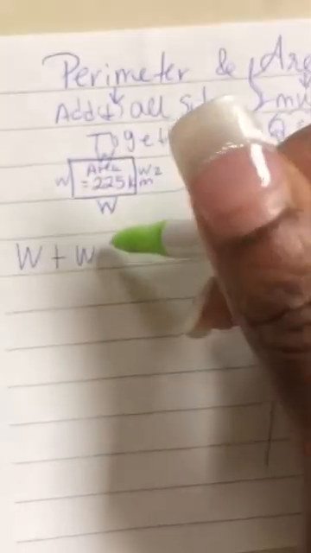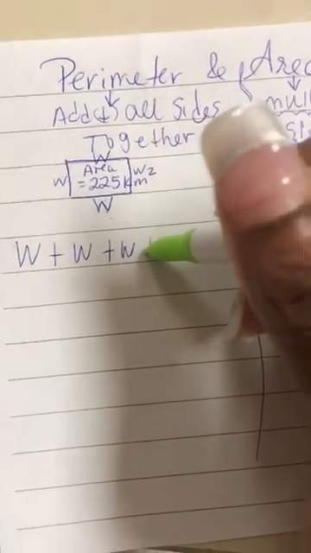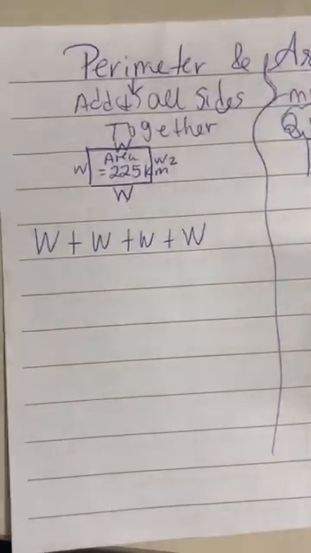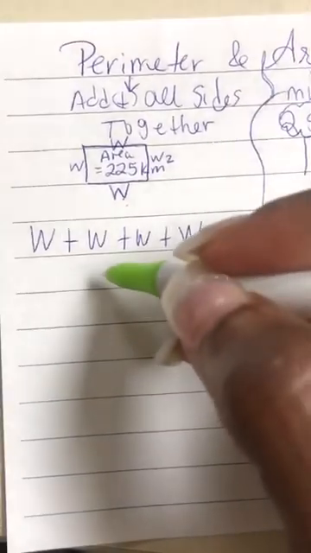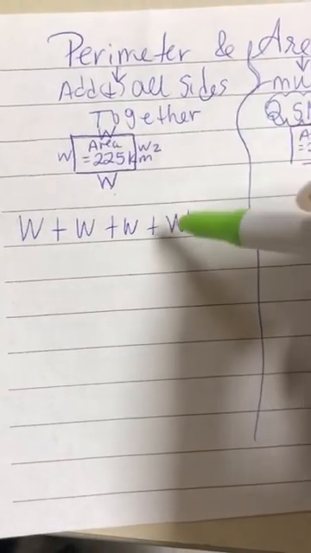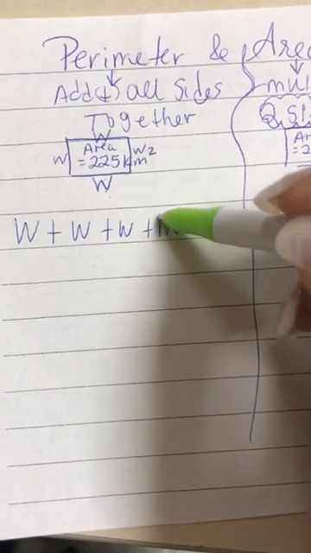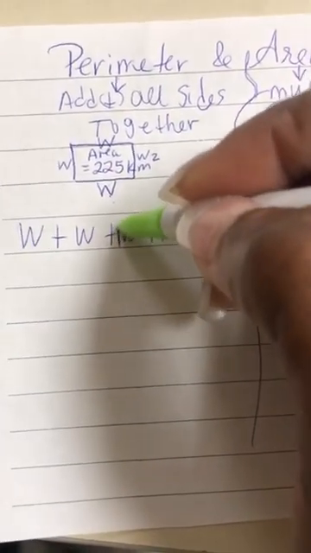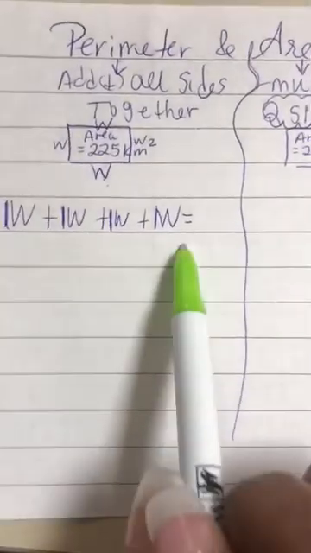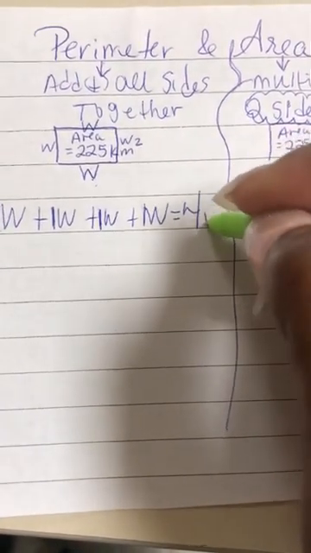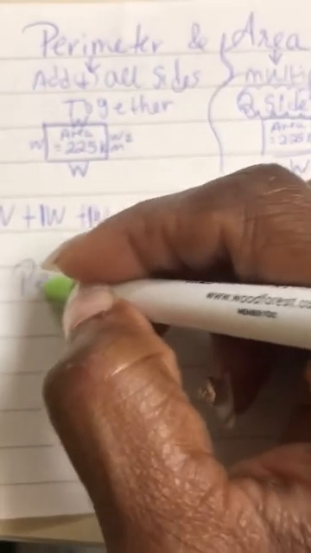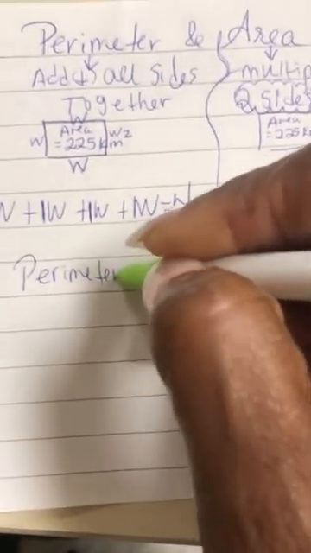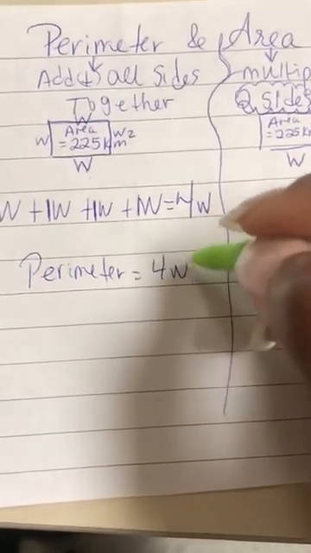W plus W plus W plus W, which equals, there's an imaginary 1 in front of each W. How many W's do we have? 1, 2, 3, 4. We have 4 W's. So the perimeter equals 4W.